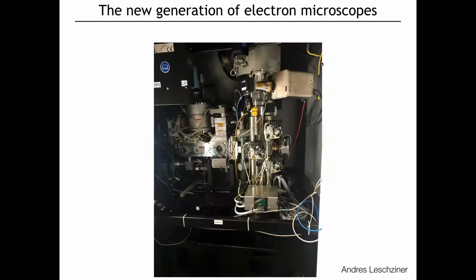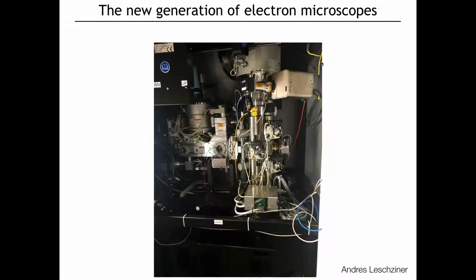But nonetheless, since the 90s up until today, the optics for biological TEM have not seen dramatic improvements. But what has improved are the detectors, and also how we use the electron microscope.